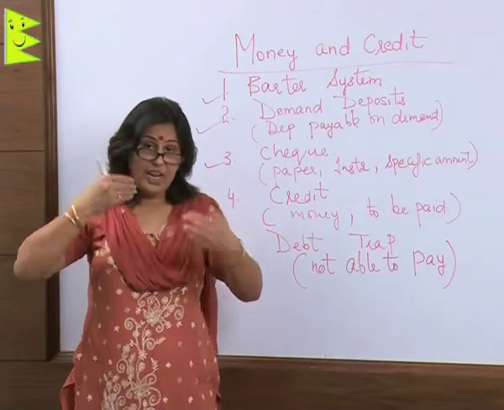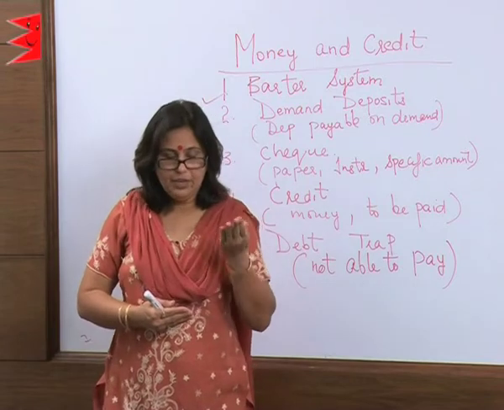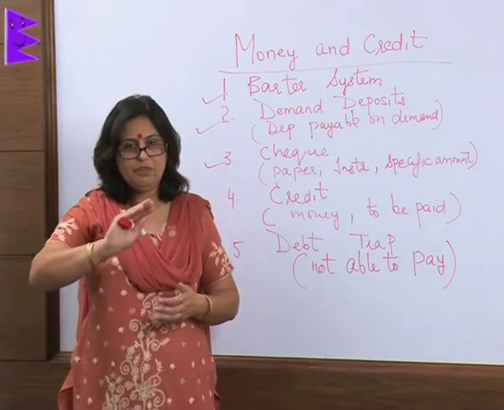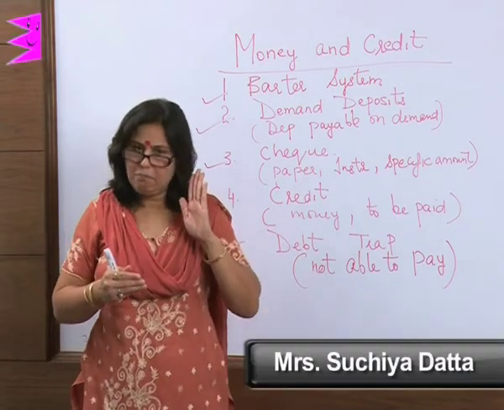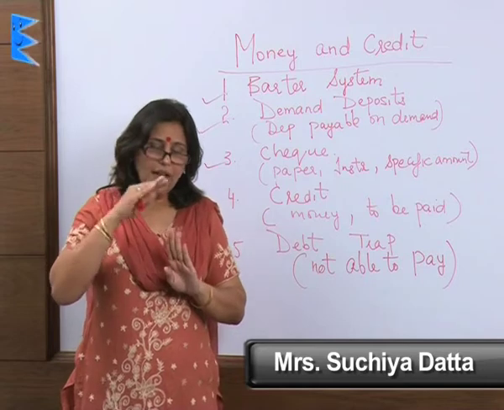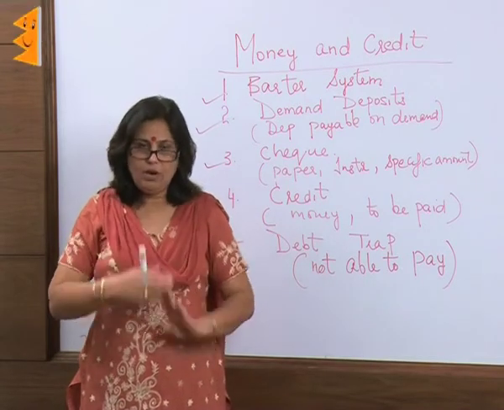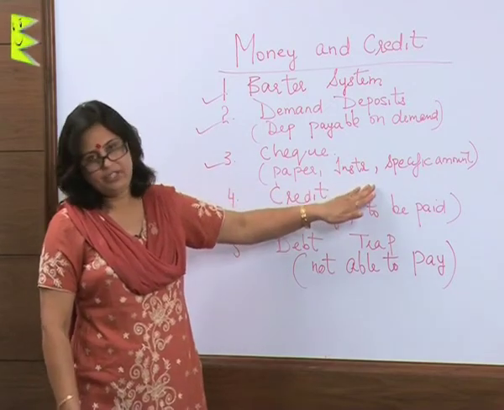Money has changed its form. You need not carry currency notes. You can just give a check to a person, which is just a piece of paper, and only that individual or company shall be able to use that check.